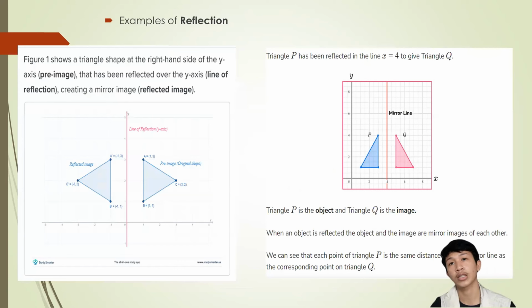So these are the examples of reflections. Figure 1 shows a triangle shape at the right-hand side of the y-axis, the pre-image, that has been reflected over the y-axis, the line of reflection, creating a mirror image.